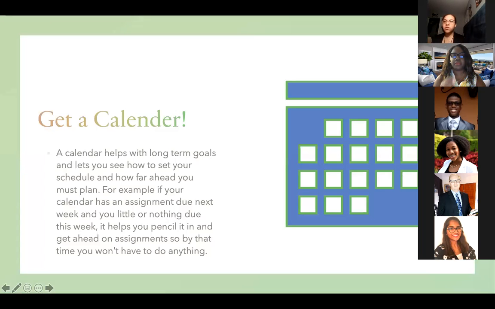Another thing that you can do is get a calendar. I actually have a calendar myself, and this is a great way to keep track of work. It's also very good so that you can see what you have to do for the week and upcoming assignments, so that you don't forget, and if you do, you have a little visual reminder there. It also helps you build your schedule so that you see what you have to do within a day, a week, a month.